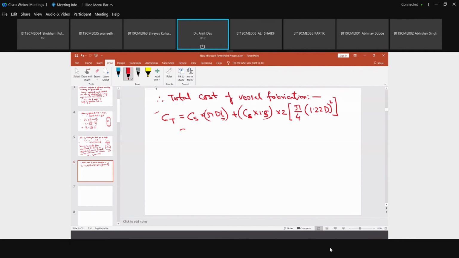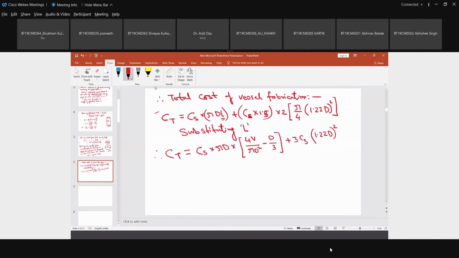Substituting L, we know the value of L. So CT becomes CS into pi D into L, which is 4V by pi D square minus D by 3, plus 1.5 into 2 equal to 3 CS, and 1.22 D square.